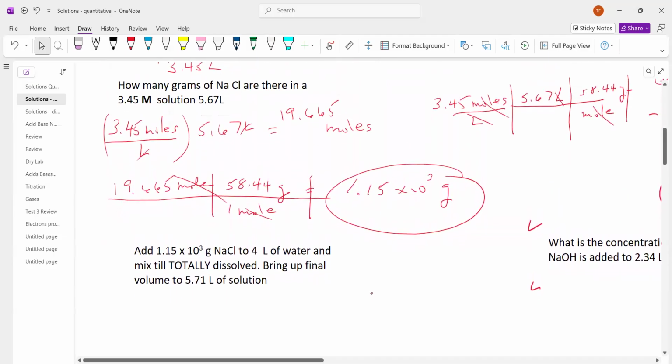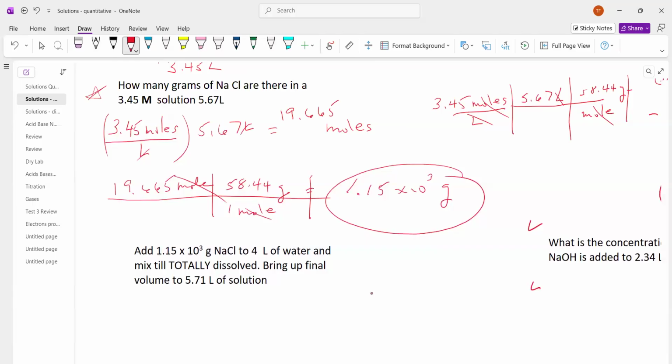So for this problem here, we need 1.15 times 10 cubed grams of sodium chloride and 5.67 liters of solvent or water. So how do we make it? Directions, how to make it.